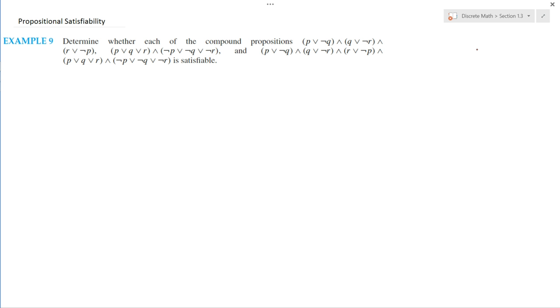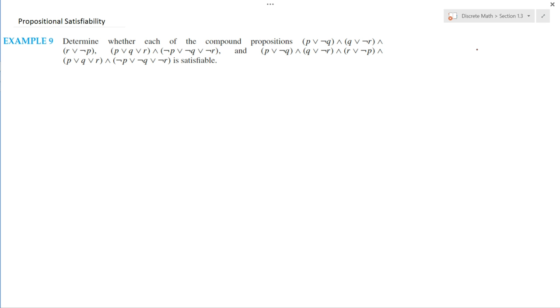So if you find any combination of truth values that makes the whole compound proposition true, then we say that this proposition is satisfiable. When no such assignment exists, then we say that it is unsatisfiable. In other words, when the compound proposition is false for all assignments of truth values, no matter what combination we use, then we say that the compound proposition is unsatisfiable.